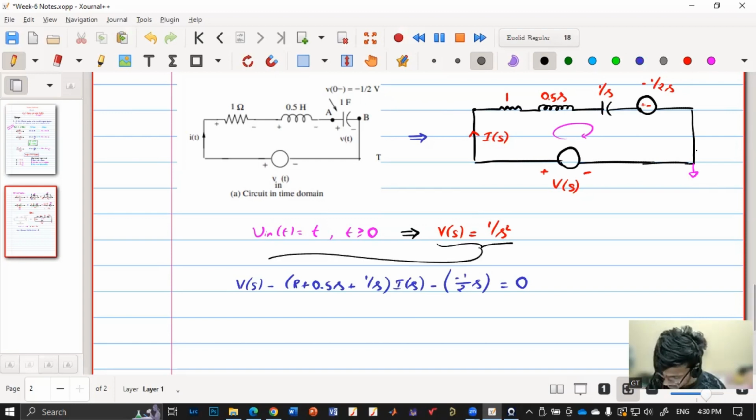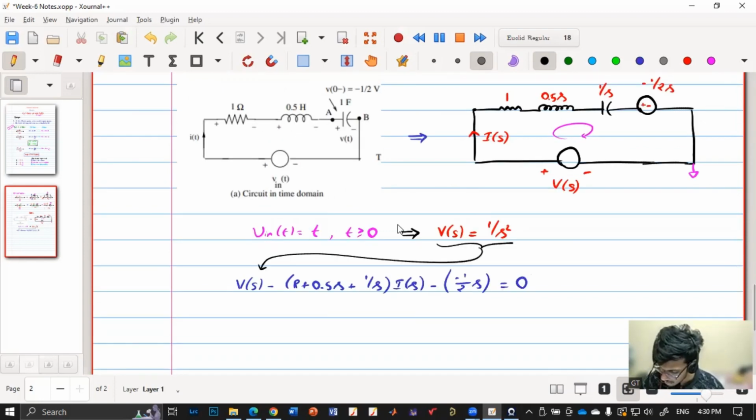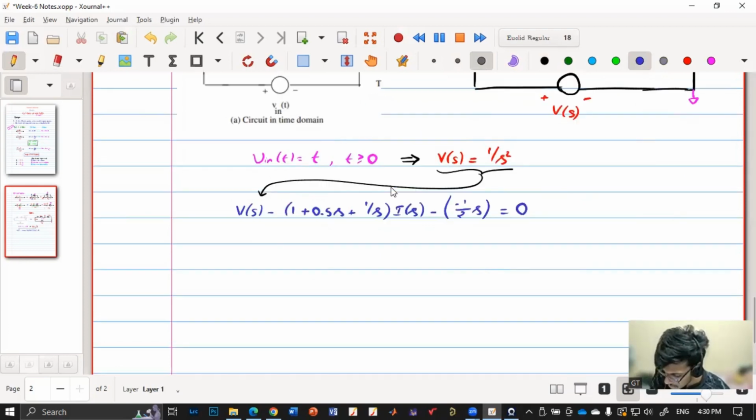So now I'll substitute this part here. R is 1, so we can replace R by 1. So after replacing this, we'll have 1 by S square plus S by 2 is equal to 1 plus 0.5 S plus... sorry, I think this is 1 by 2S, not S by 2.